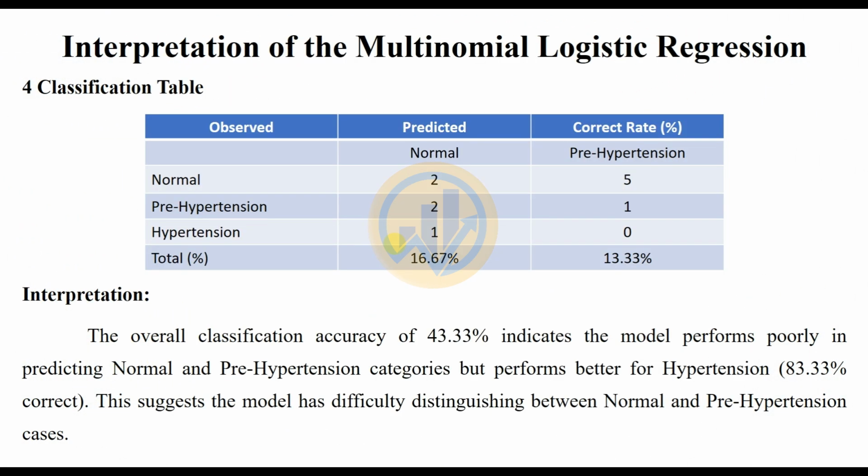The fourth table is the classification table in multinomial logistic regression, showing observed, predicted and correct ratio percentage for normal and pre-hypertension.